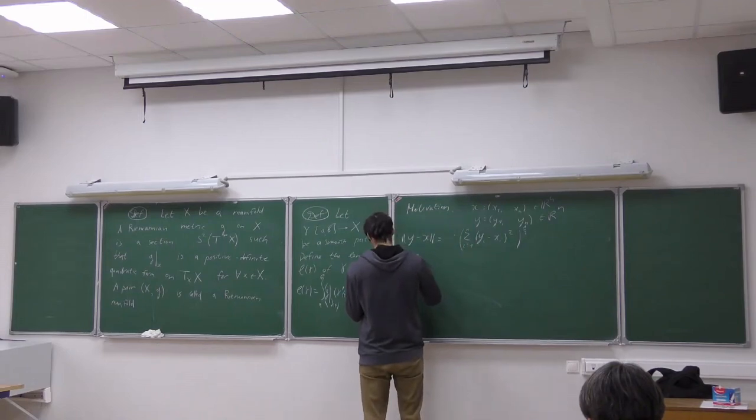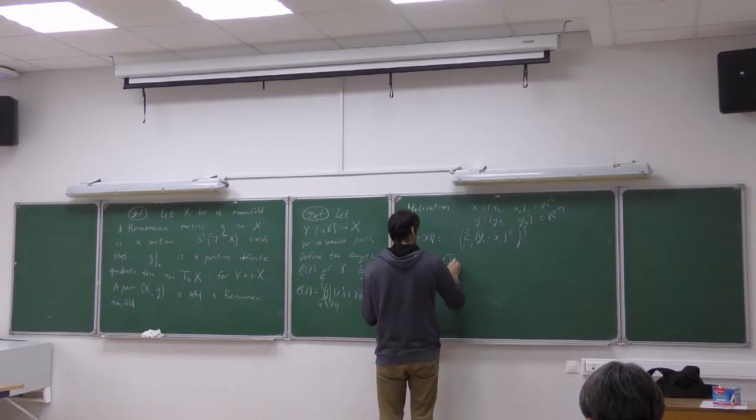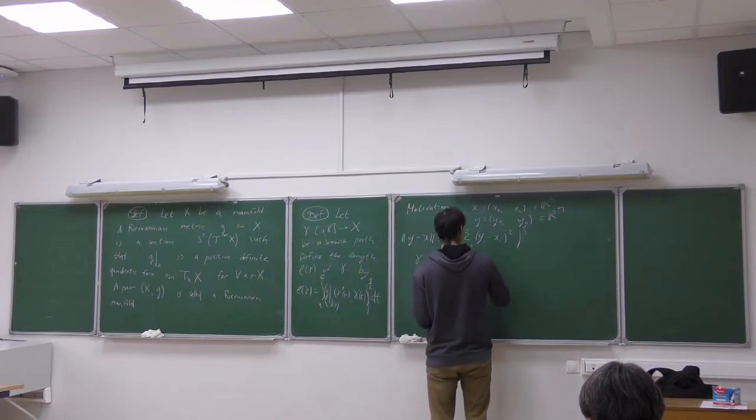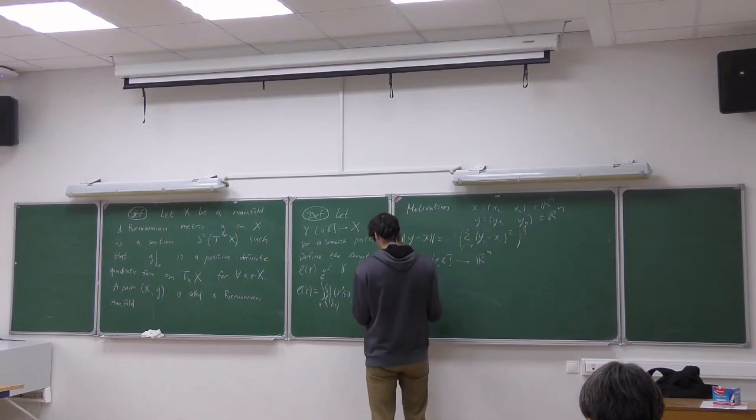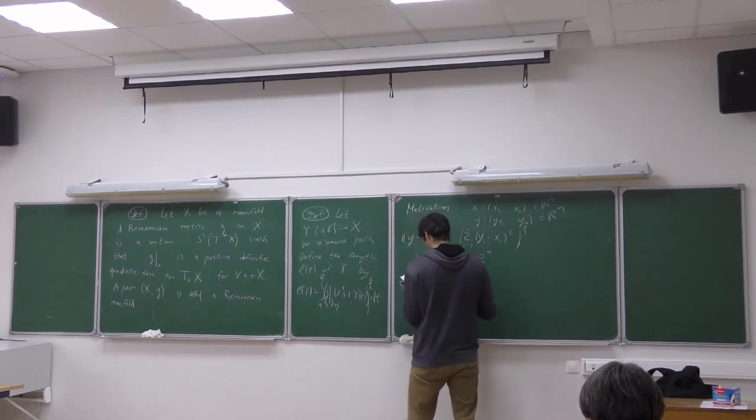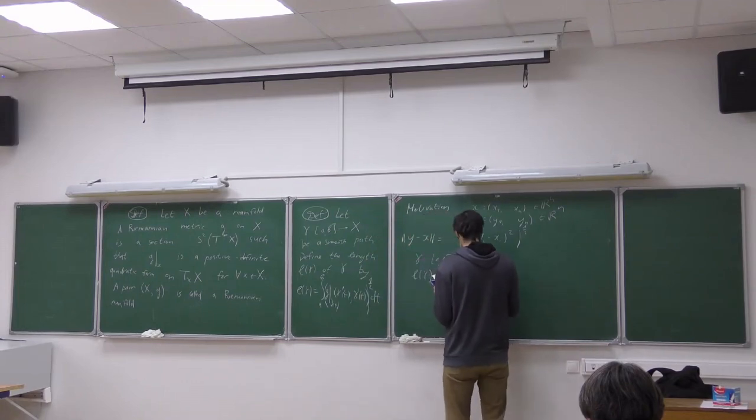So if I have some gamma from [a,b] to R^n, then my L of gamma is the integral from a to b.